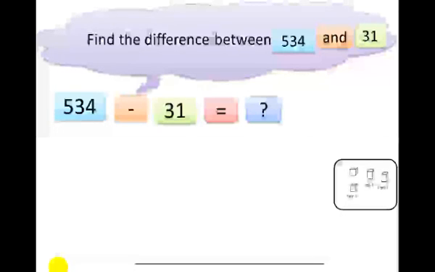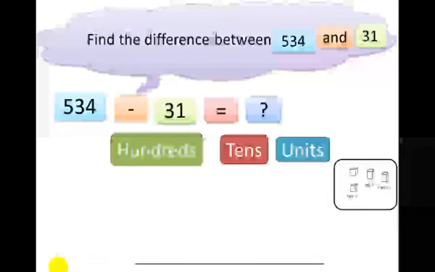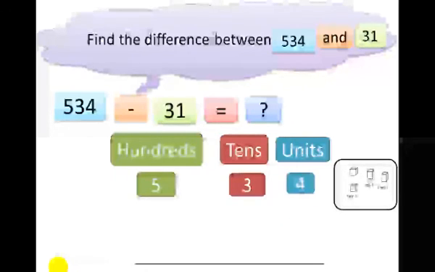Next, we place each digit under the place value table. Hundreds, tens, units. 534: the 5 is 500, the 3 in 534 is 3 tens, and the 4 in 534 is 4 units.